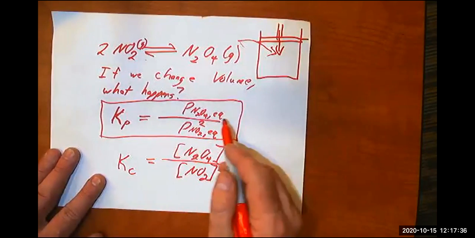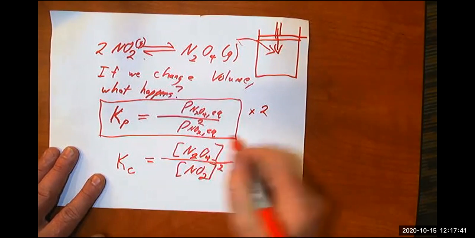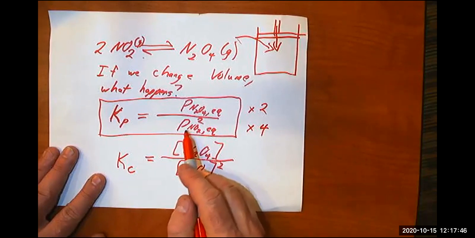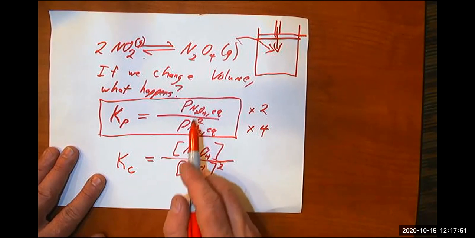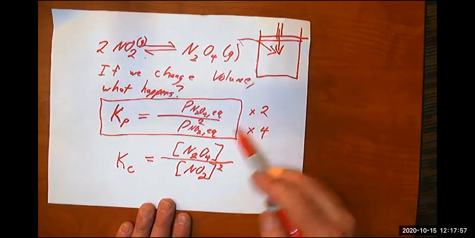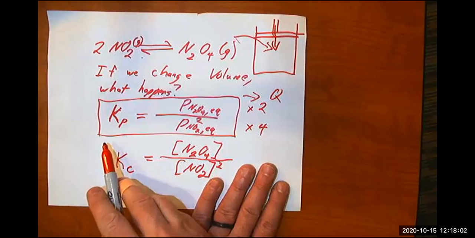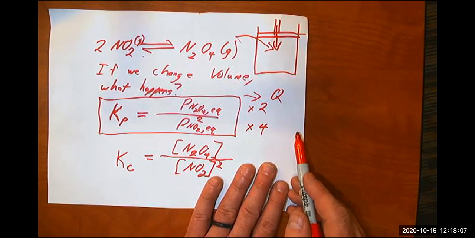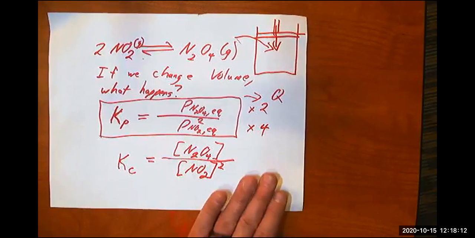So what this is going to do is multiply the numerator by 2, and multiply the denominator by 4, because this is squared. If you double the pressure of the NO2, the denominator goes up by 4, which means that our Q, so this is now a Q, not an equilibrium constant K, is going to be half of our K. So how is the equilibrium going to shift?